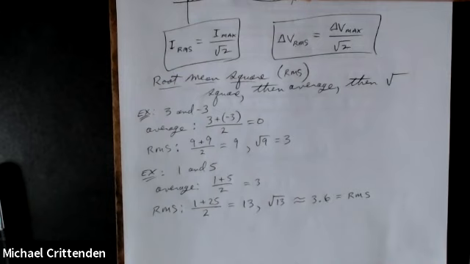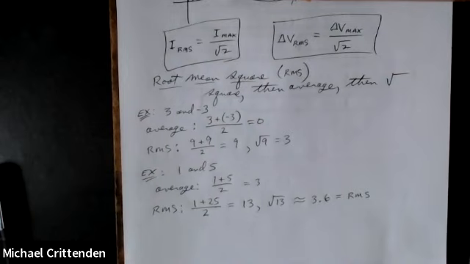And the kinetic energy is 1/2 mv squared. So it's the average value of v squared that determines the temperature of the gas, which makes a root mean squared an appropriate thing to look at in that situation also.